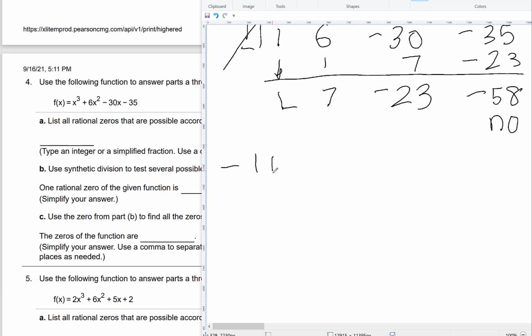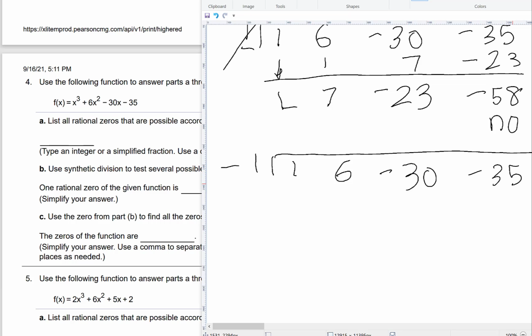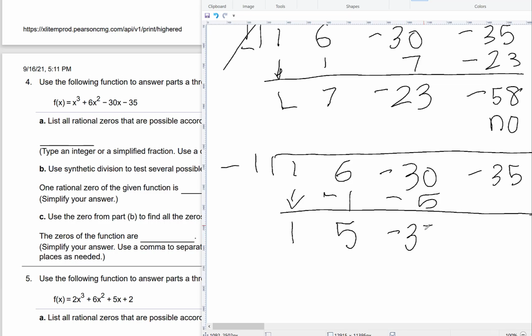Negative 1. 1, 6, negative 30, negative 35. Drop this down, you get a 1. Multiply, negative 1. Add 5. Multiply, negative 5. Add negative 35. Multiply, positive 35.